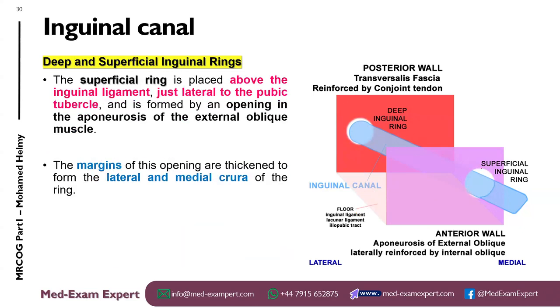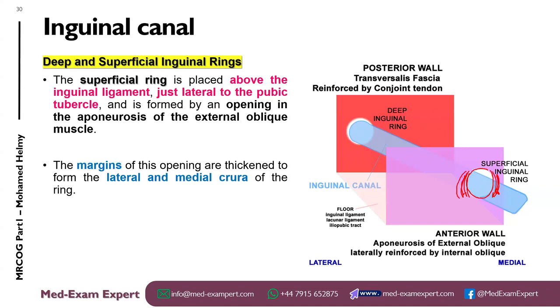The superficial inguinal ring is just above the inguinal ligament and lateral to the pubic tubercle. It's an opening in the aponeurosis of the external oblique muscle. The margins of this ring are thickened.